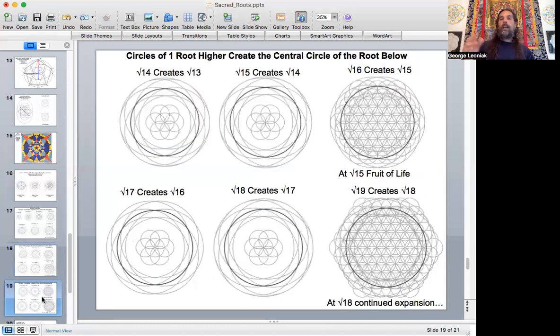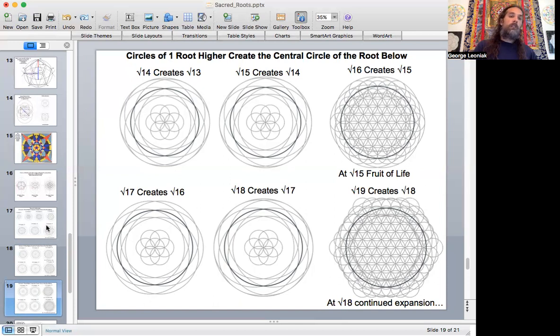I went out a little bit further just to make sure that at root 15, we will get another intersection point. So root 15 is integrated in, so 5 and 1 add up to 6, and of course 8 and 1 add up to 9, so 3, 6, 9 continued expansion.